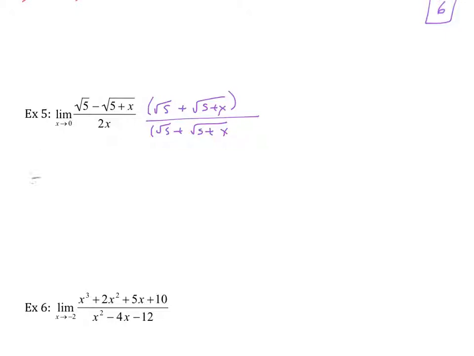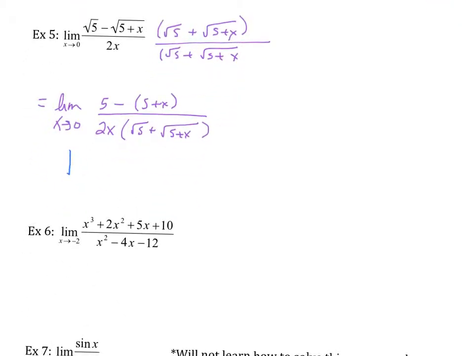So the simplified expression will give us the limit as x approaches 0 of 5 minus the quantity 5 plus x, all over 2x times radical 5 plus x. I'm going to suggest that you wait to distribute the denominator because you may not even need to. It's possible that the x is going to cancel away, and if that happens, then there's no reason to waste time distributing and making the problem look messier.